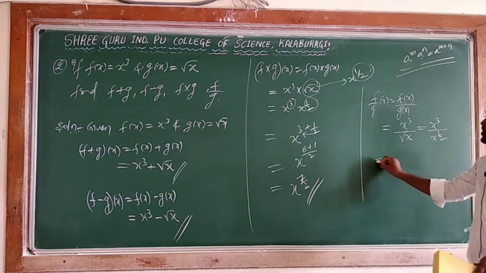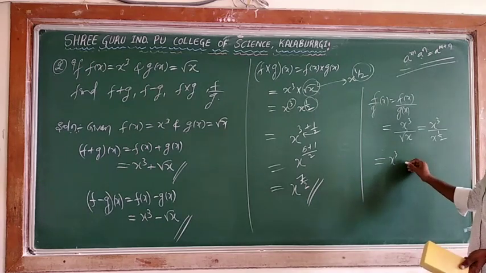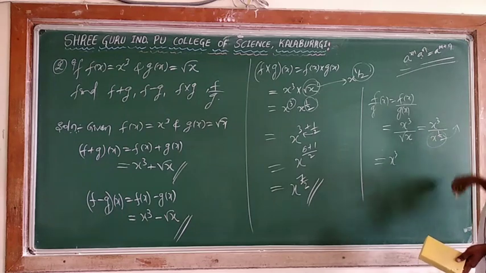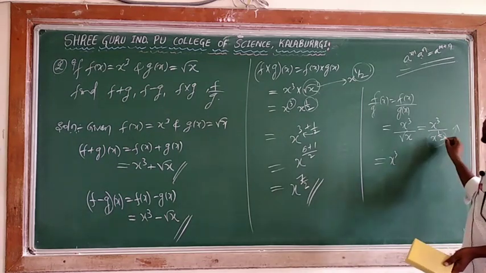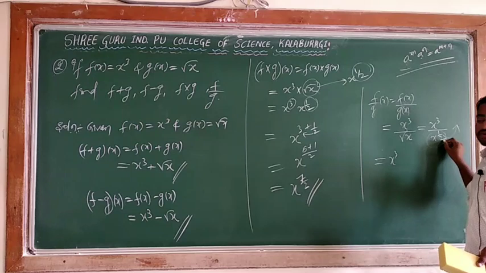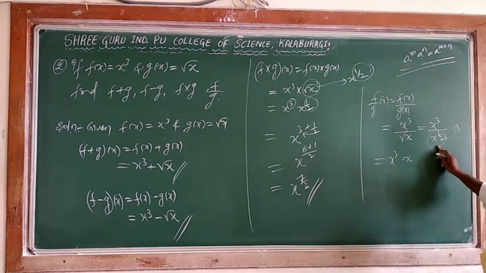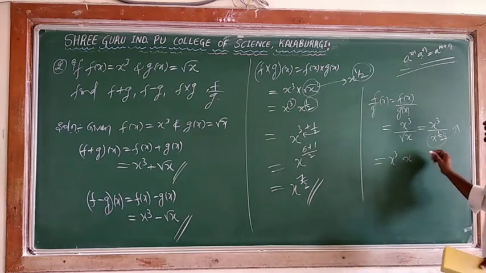x to the power 3, when you are taking the denominator into the numerator, the sign of the power will change. This 1 by 2 will become minus 1 by 2.